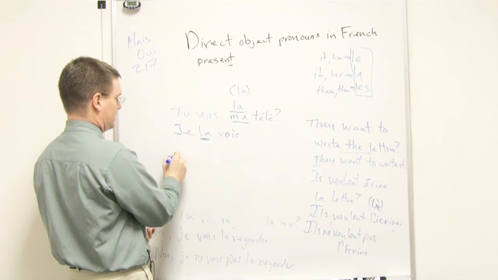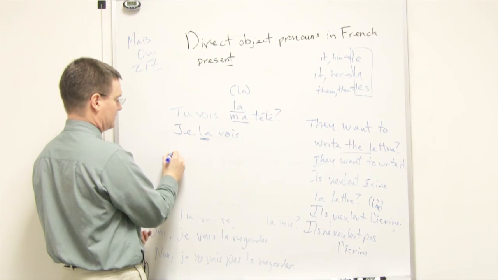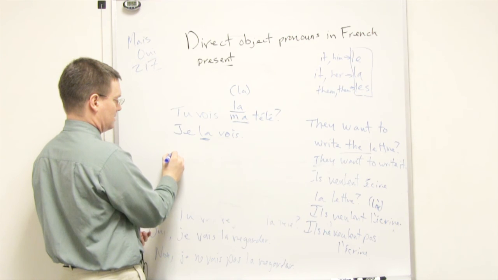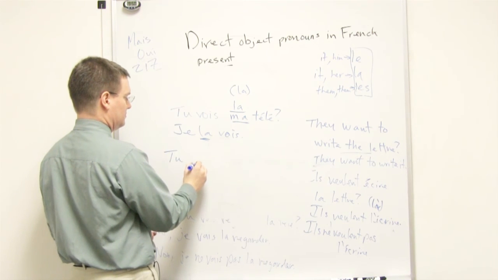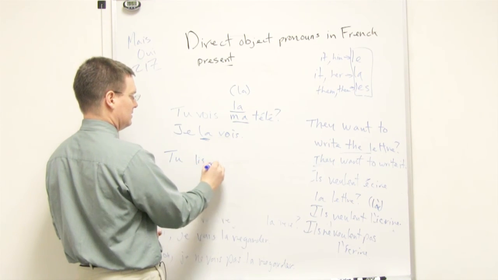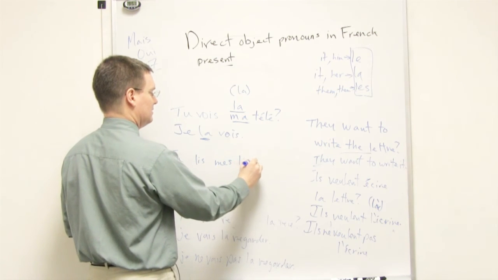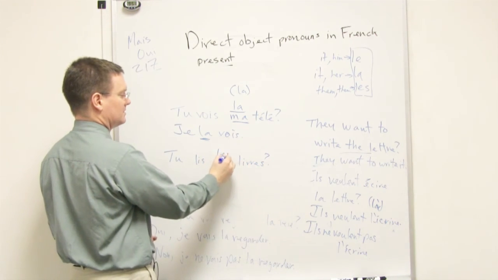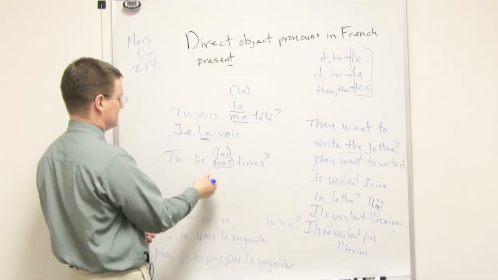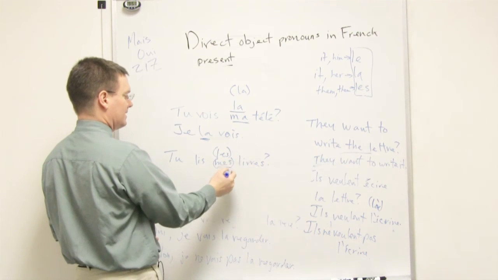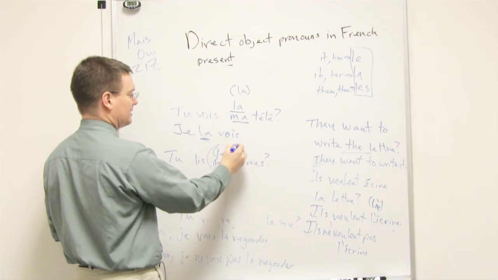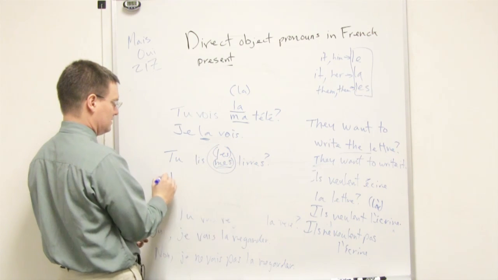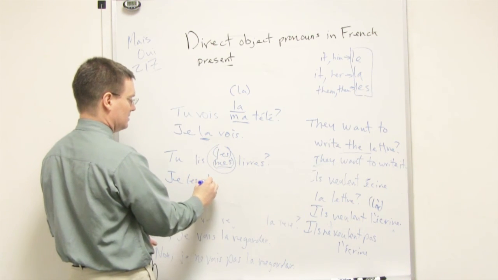Same thing with, for example, tu lis mes livres. Mes is the same thing as les. So are you reading the books or reading my books? Counts as the same thing. Either one will be replaced by I'm reading them. Je les lis.